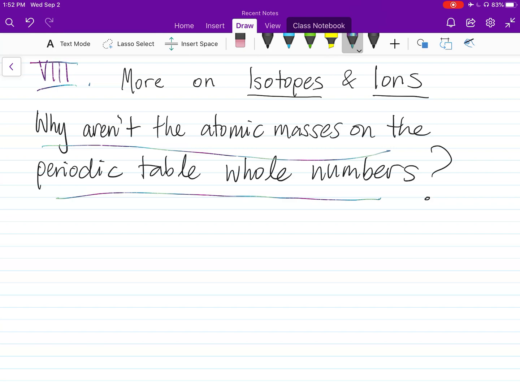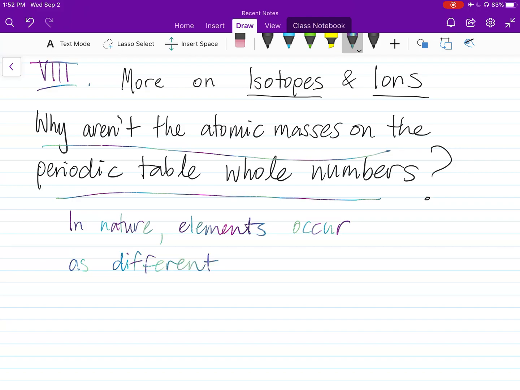The reason is that in nature, elements occur as mixtures of isotopes. So elements occur naturally as different isotopes, kind of like the different colors of this ink.